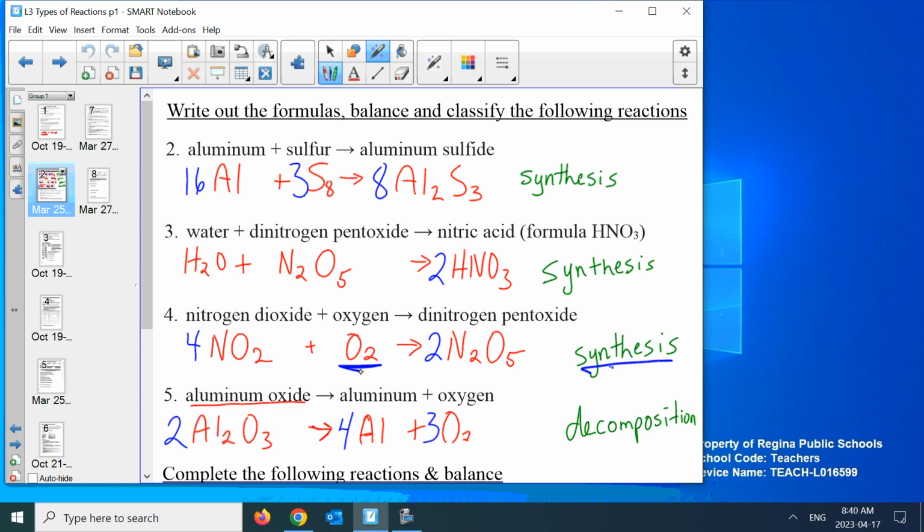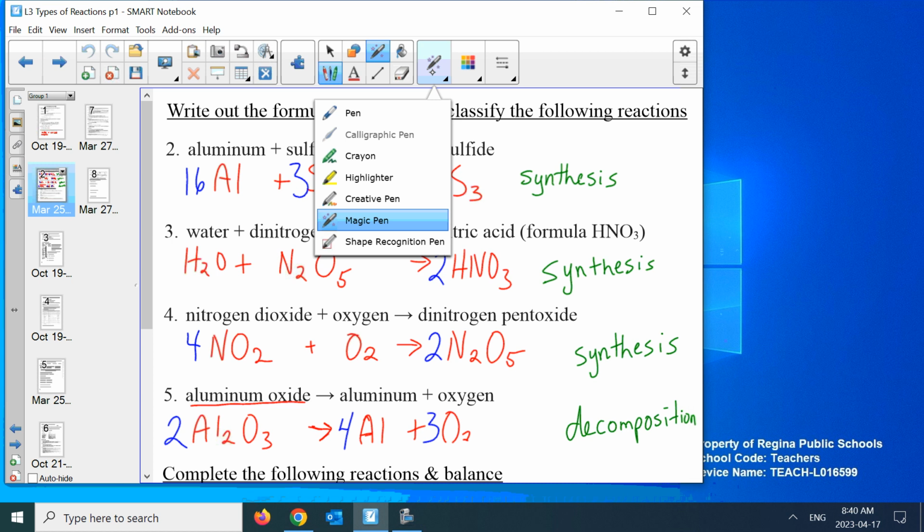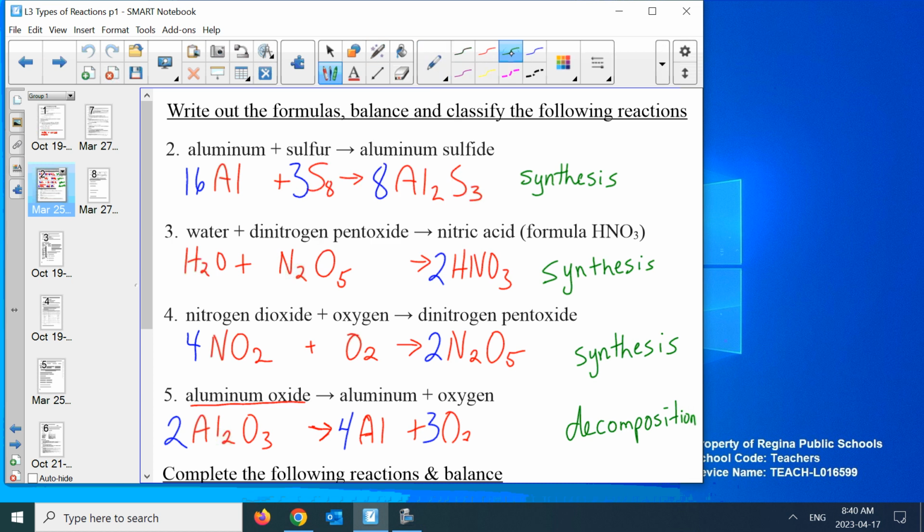Synthesis is correct, but I would actually give myself a half mark. So I'm going to behoove you to add this into combustion. That's not one I would expect you to be able to predict products for. But that is combustion, it's combining with oxygen. And lastly, decomposition. Okay.